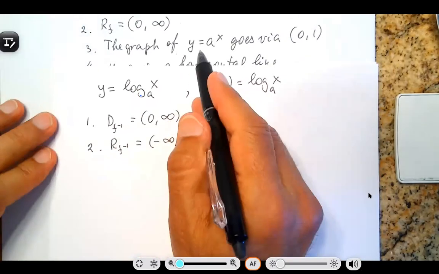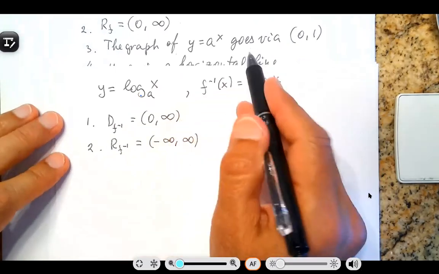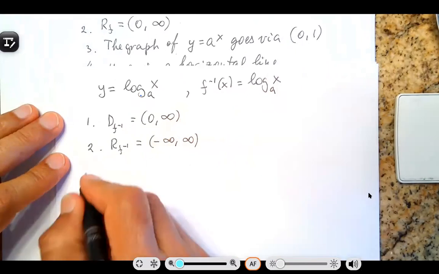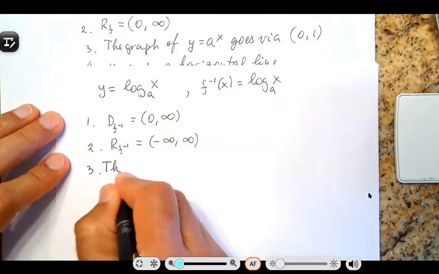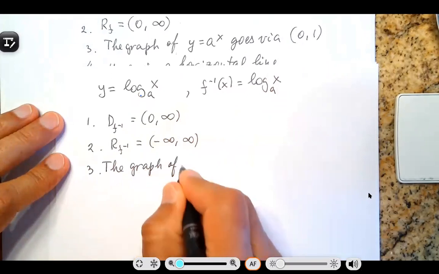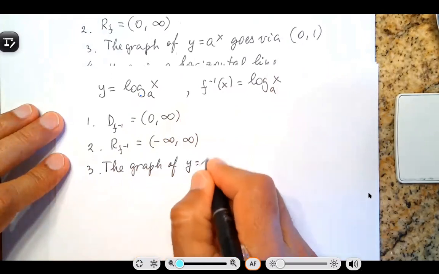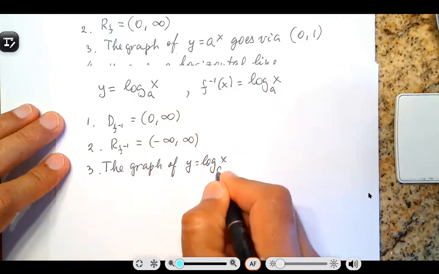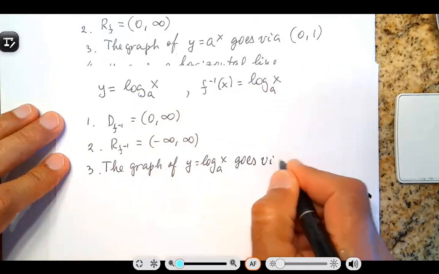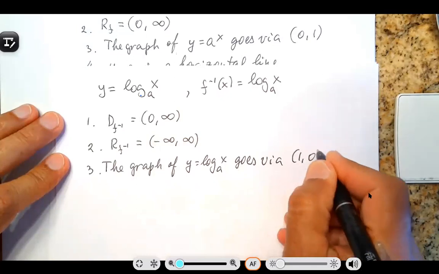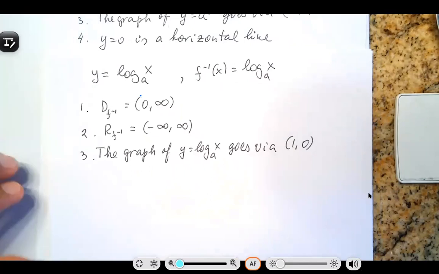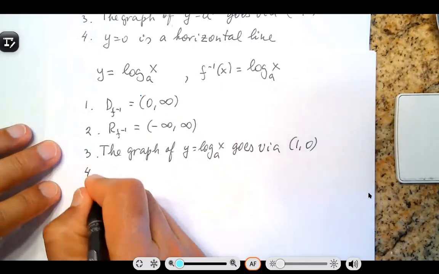The graph of y equals a to the x goes through 0, 1. So it's the other way around. I can write that the graph of y equals logarithm x base a goes via 1, 0. We exchange x and y.